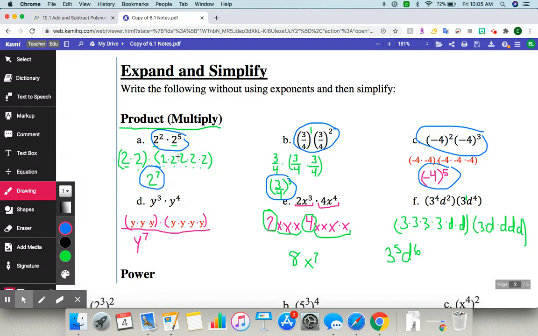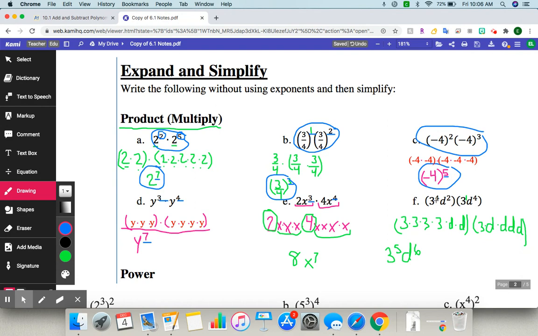So if you weren't able to pick it out, notice that if we were to add the exponents of like bases, it ends up being the simplified exponent. So notice 2 plus 5 equals 7, 1 plus 2 equals 3, 2 plus 3 equals 5, 3 plus 4 equals 7, 3 plus 4 once again equals 7.